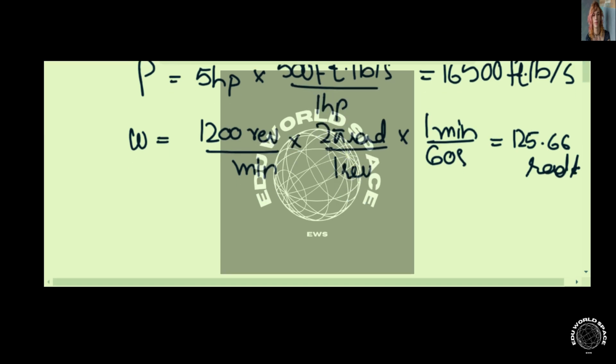Next, using equation 5.10 to find the torque, torque is equal to power divided by the angular velocity, so that is 131.3 foot pounds. Don't forget that this torque is in foot pounds, so when we use it to find the radius in inches, we have to multiply it by 12.